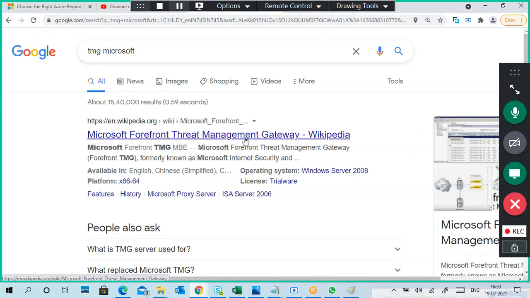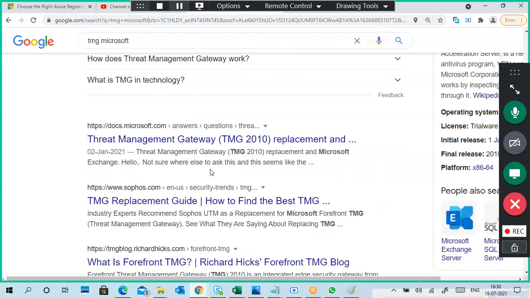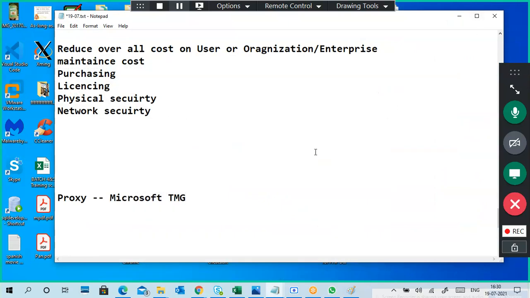Okay, Forefront Threat Management Gateway. Okay, so F is there. So Forefront, Microsoft TMG, Microsoft Forefront TMG means Threat Management Gateway. Using this you can make a proxy server. Okay, I already tried this one and ASA.